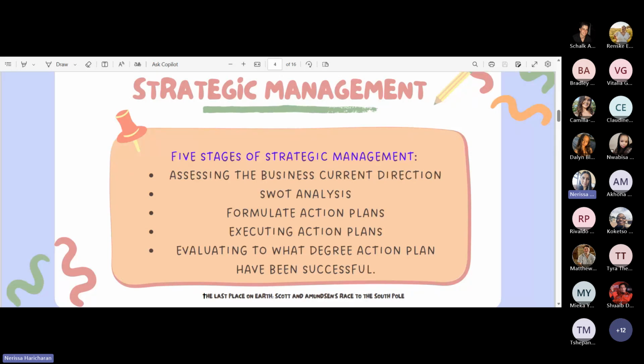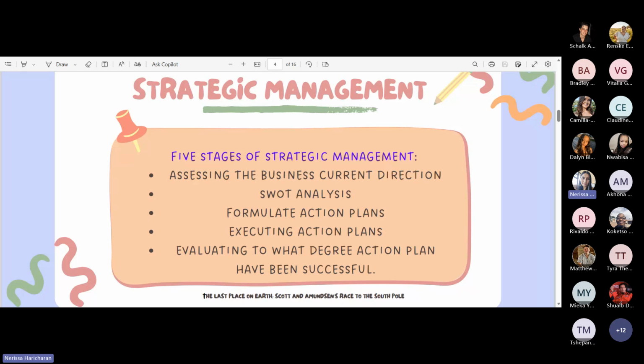So when we're looking at it from an external perspective, you want to understand different tools. One of the most common tools used from an external perspective is the PESTEL environment. So what is the P, which is political, E is economic, S is social, T is technological, E is environmental, and L is legal.